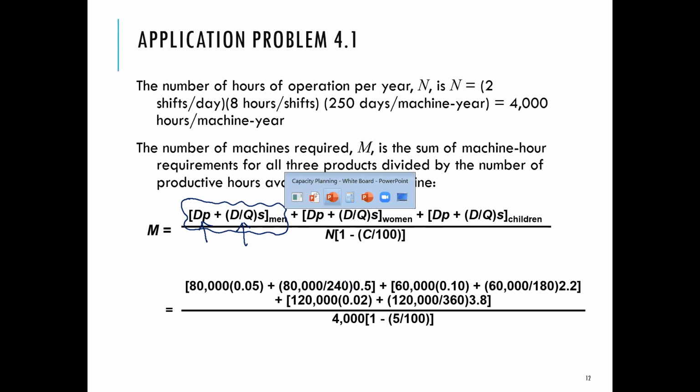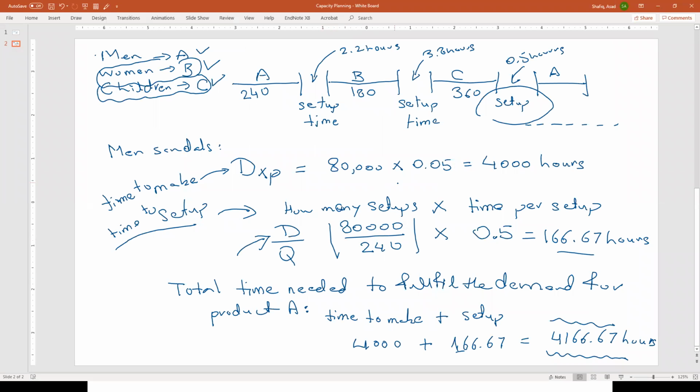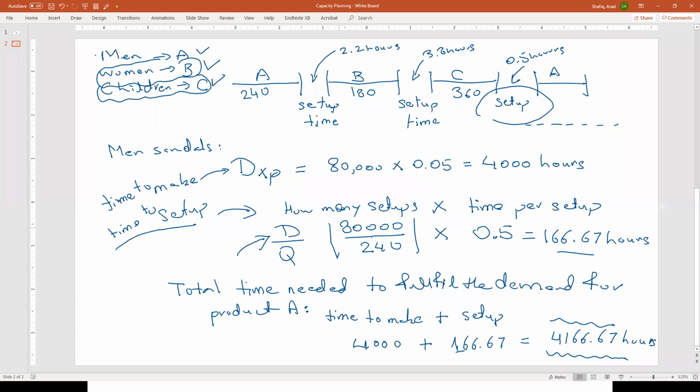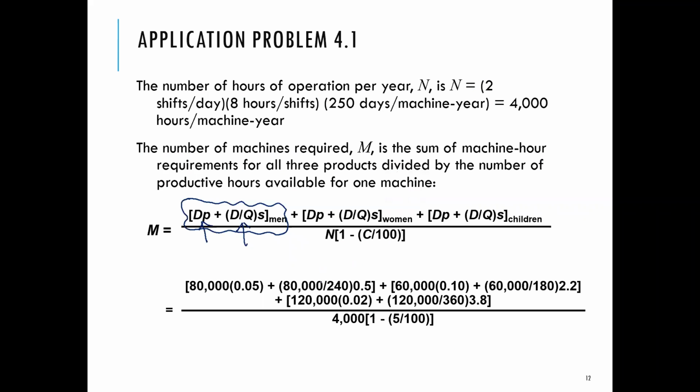That is essentially what we have done here. Again, time needed to make the product and time needed to set up the machine to make the product. So this takes care of our first one.